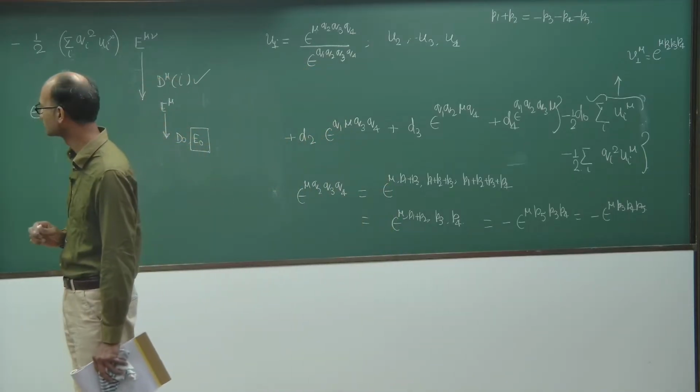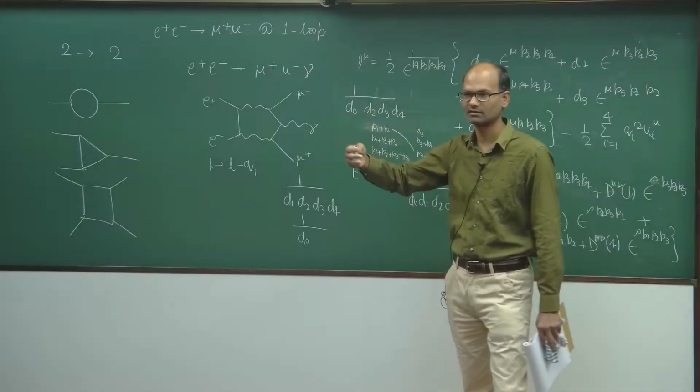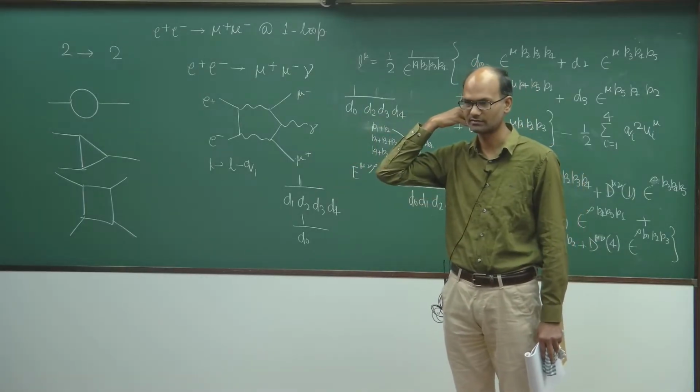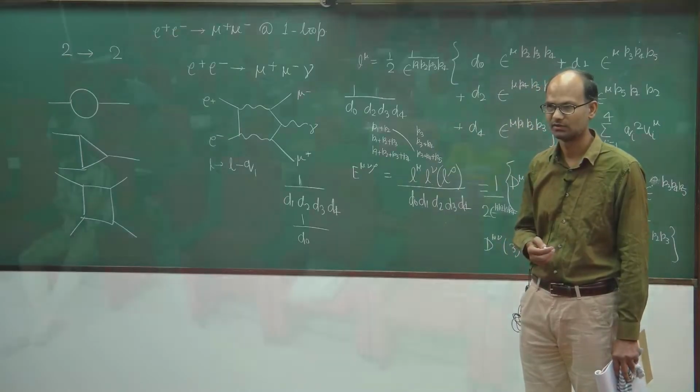Is it possible to express L mu as a combination of metric tensor and external momentum like P2, P3, P4? What do you mean, is it possible? It's not possible simply because the metric tensor has 2 indices. That's why I would not like to do it. And the second point is that in this particular case, the metric tensor is expanded in terms of external momenta, one with upper index and one with lower index.